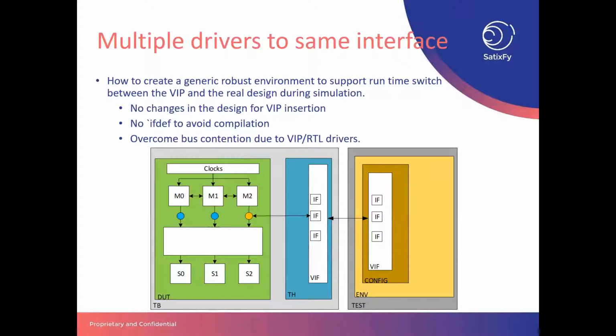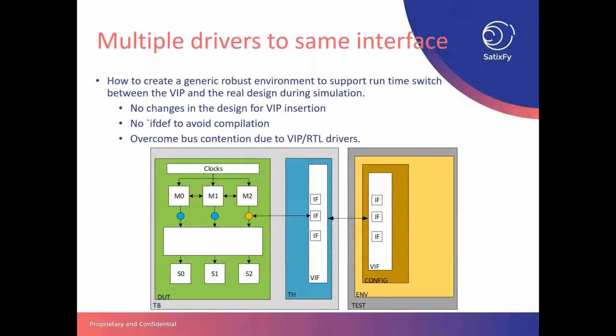Then you have an interface that you connect to one of the masters in the design, and you have a VIP that is capable of driving that interface. It can be a third-party VIP, it can be something you develop, it doesn't matter what the interface is. But in a given simulation, you need to drive this bus either from the real design in the chip, the M2 master in this diagram, or from the VIP.